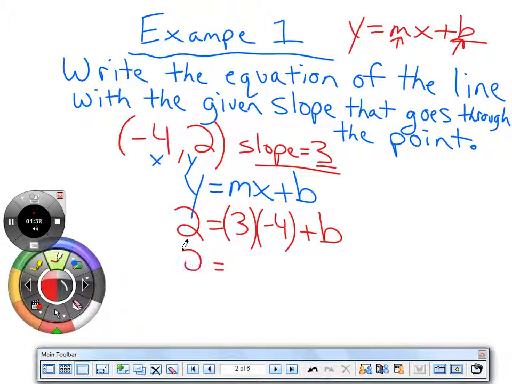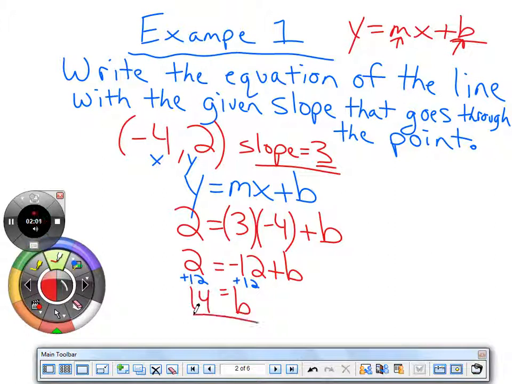So we're just needing to solve for b. We have 2 equals 3 times -4, so that would be -12 plus the b. To get the b by itself, we have to add 12 to both sides, plus 12, plus 12. So b will equal 14.